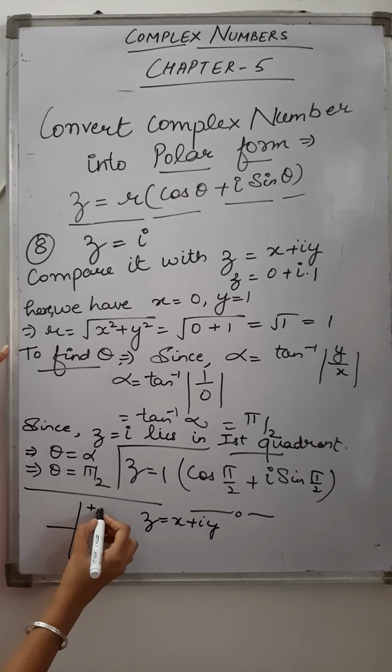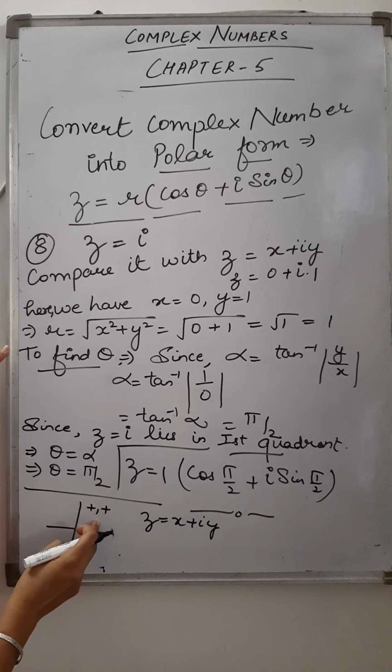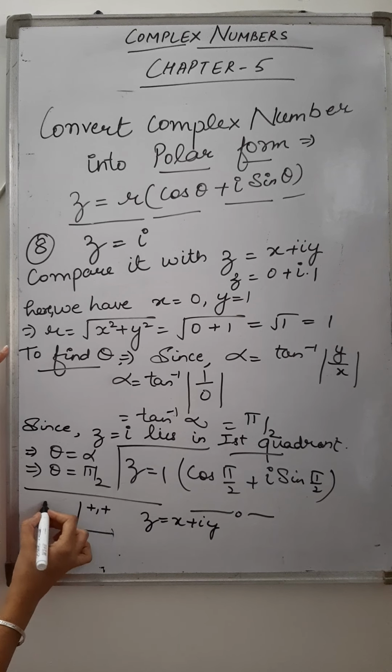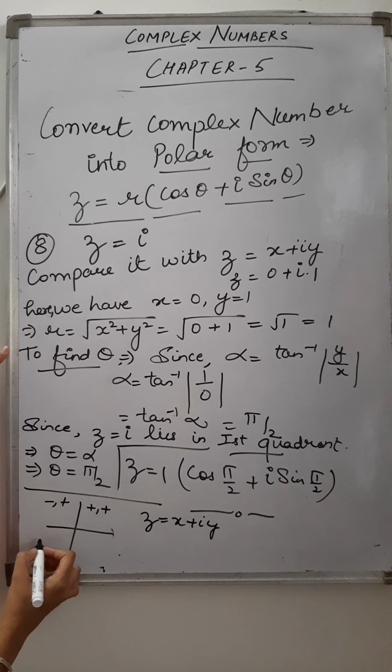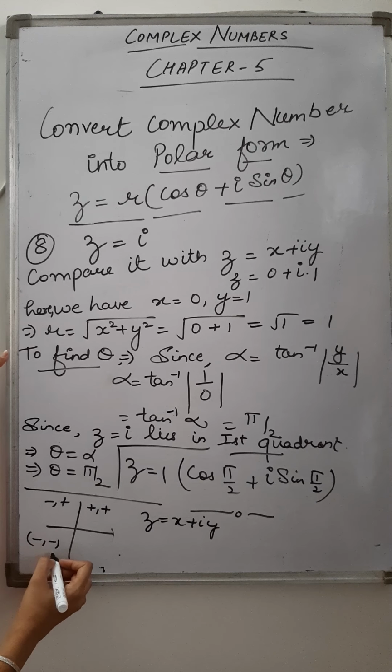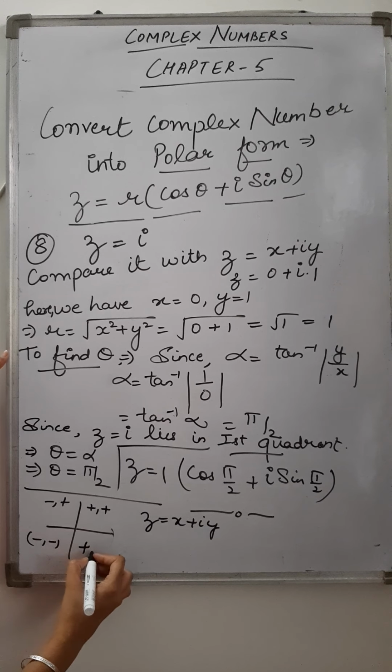If you have both x and y positive, that means it lies in the first quadrant. If x is negative and y is positive, that means second quadrant. If both are negative, it lies in the third quadrant, and if x is positive and y is negative, it lies in the fourth quadrant.